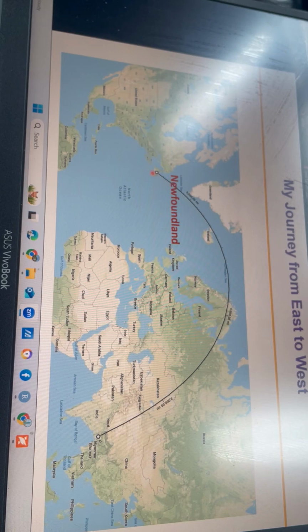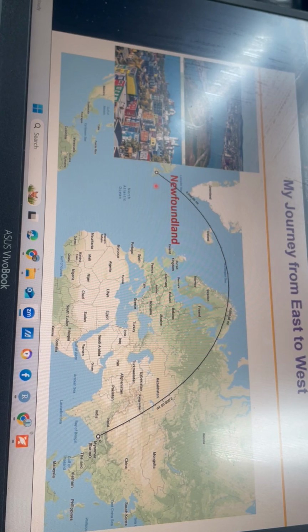Okay, so this is the first European explorer. They first found this piece of land. So I was there. There is a university, Memorial University of Newfoundland and Labrador.